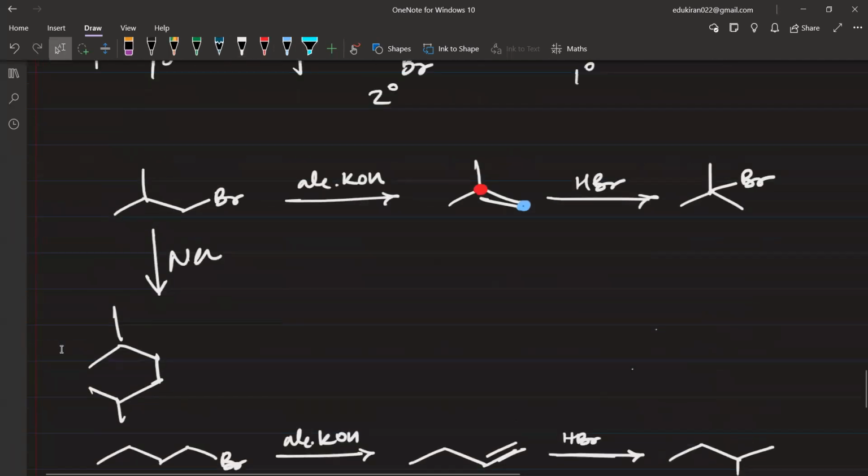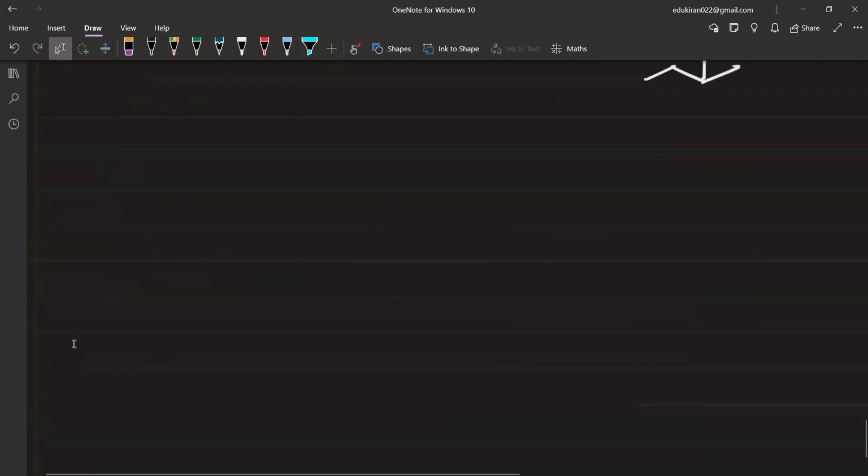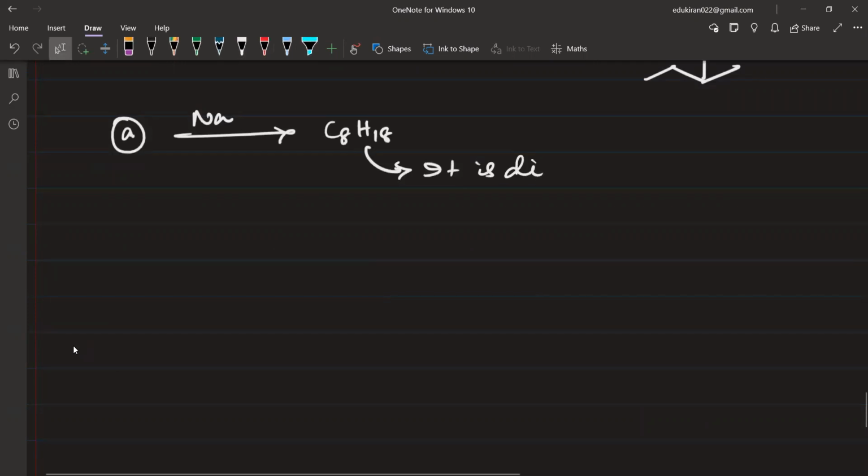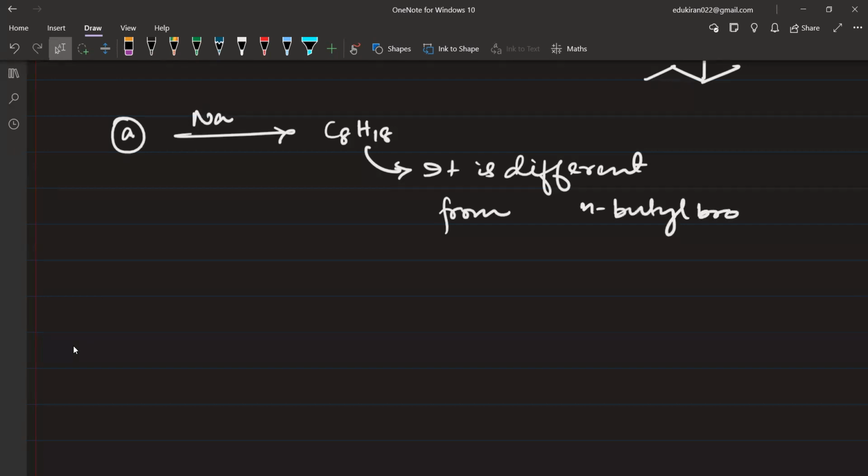Straight chain one will not be there, no? Okay, because it is saying when A reacts with sodium, it is giving C8H18, and it is different from N-butyl bromide. What does this mean? It means A cannot be N-butyl bromide.